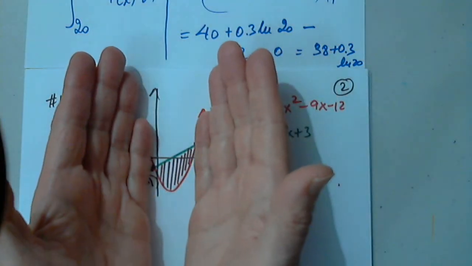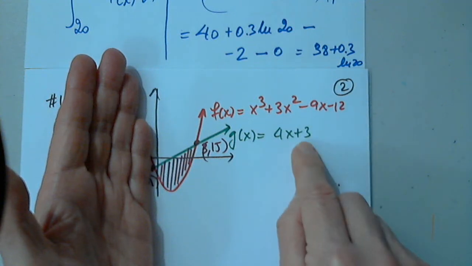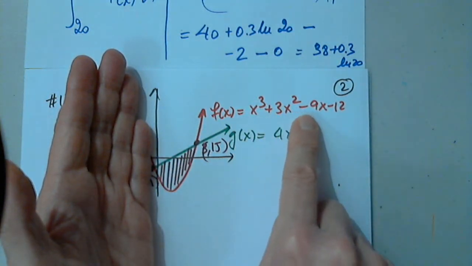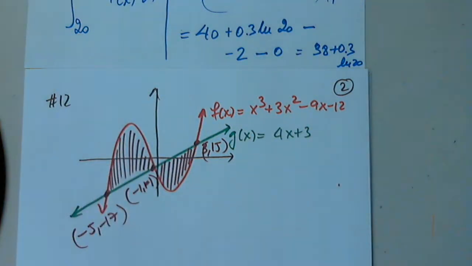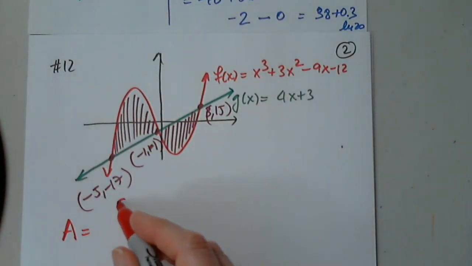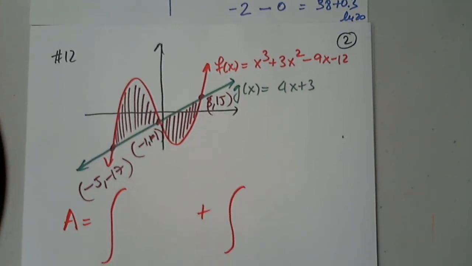But on the second piece, it shows that the line is above the piece of the graph from the cubic function. So when I determine these areas, the exact area will be composed of a sum of two integrals.